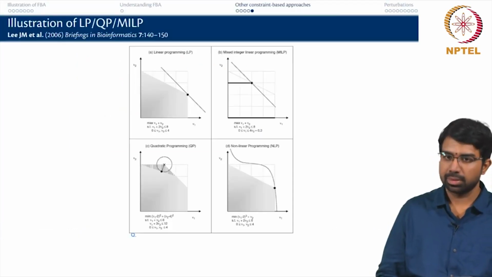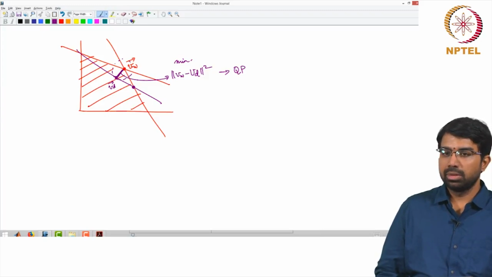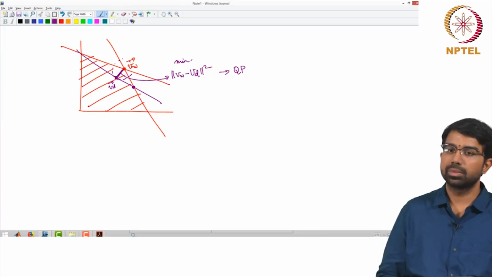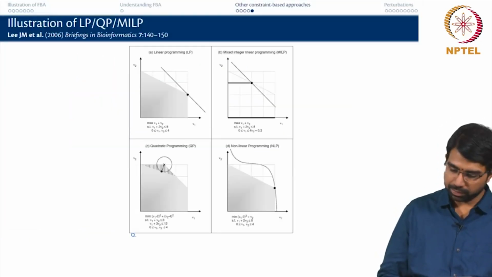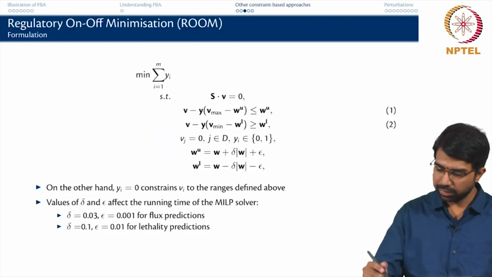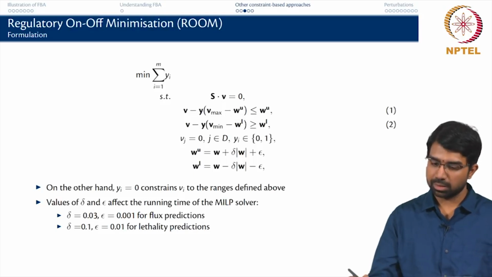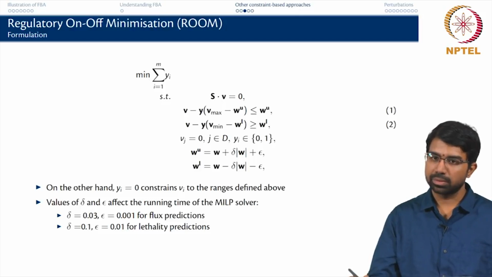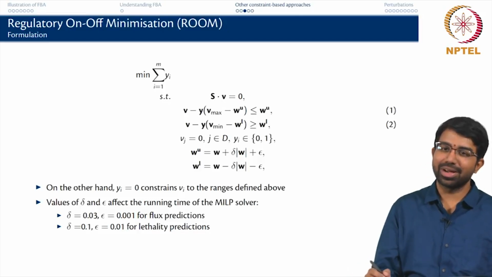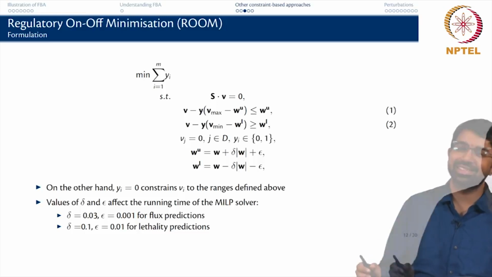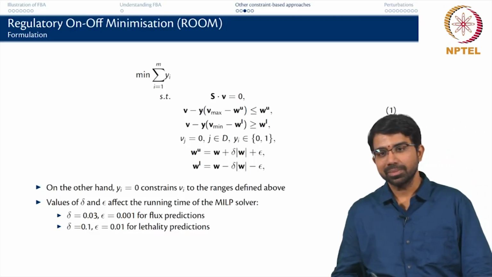And you said ROOM mathematically becomes a mixed integer. Yeah. Why? Good question. Why should V be all integers? So, V and Y, you have two sets of variables, that is why it is a mixed integer linear programming problem.